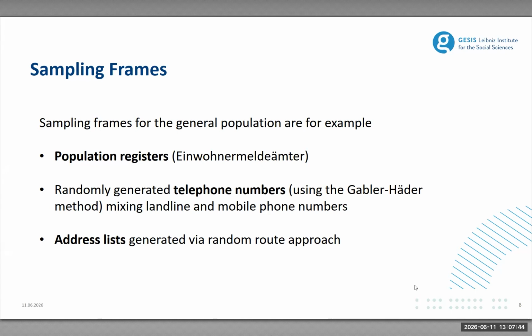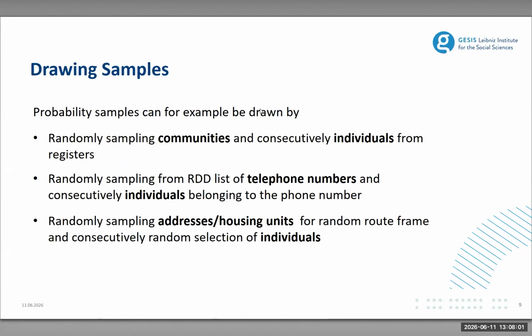Or in countries where there do not exist registers, a random route approach would be a way to get lists of addresses and then go to these addresses and sample individuals randomly to interview. All these are random sampling frames.